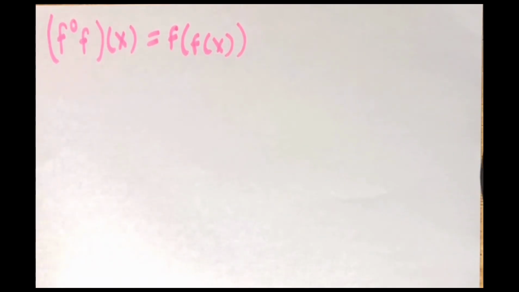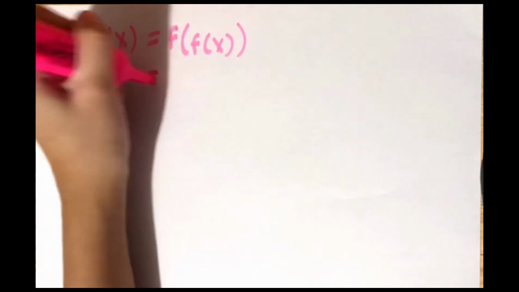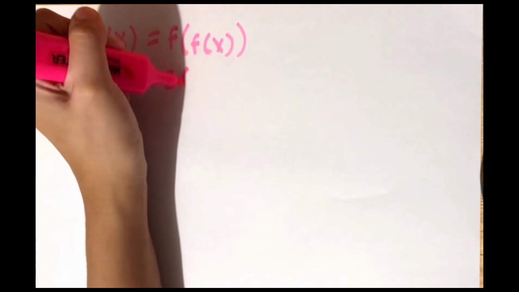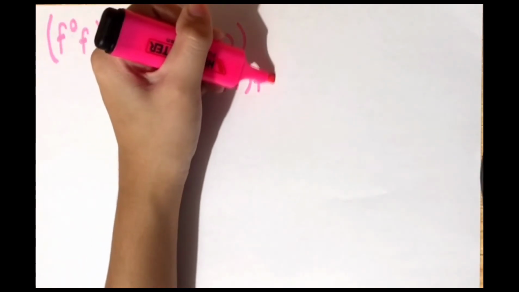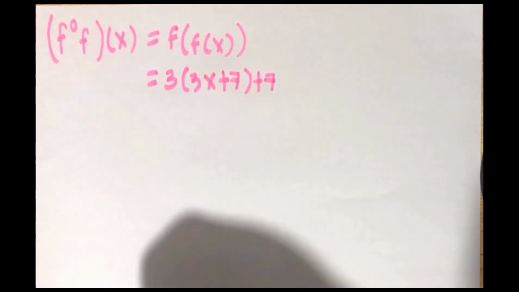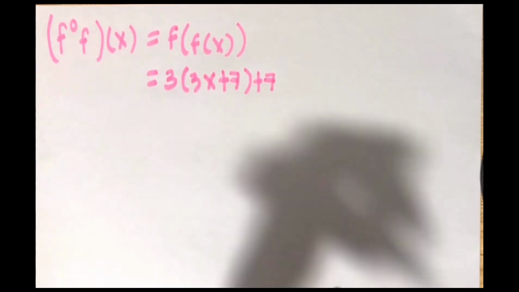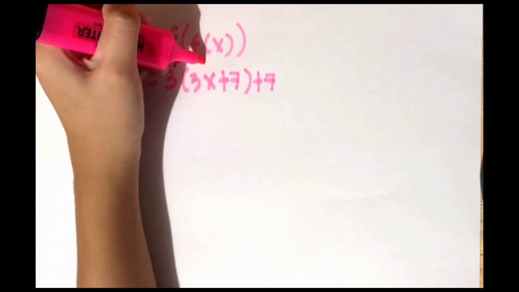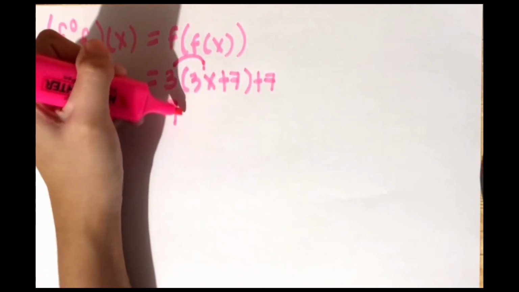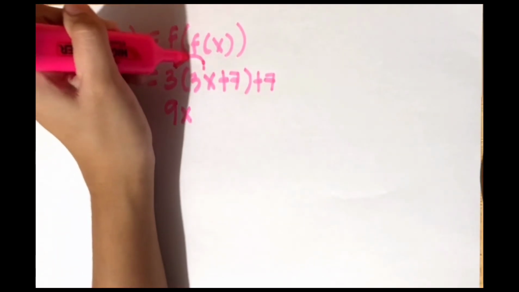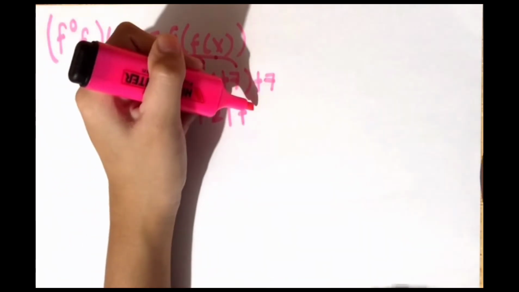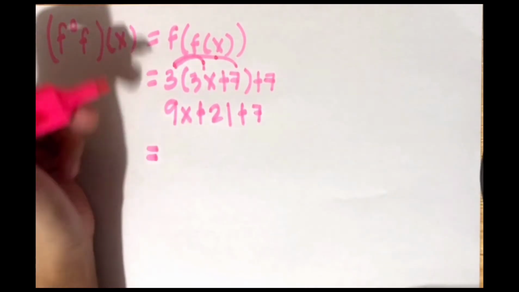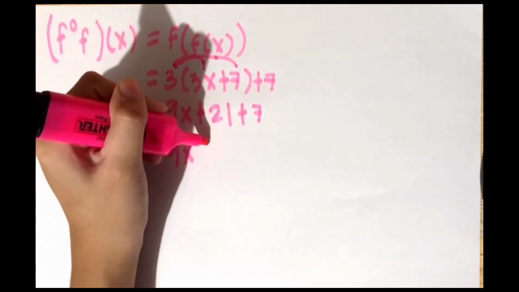Substitute x with 3x plus 7 in the function f of x is equal to 3x plus 7. Use the distributive property to remove the parentheses. 3 times 3x is equal to 9x. 3 times 7 is equal to 21 plus 7. Our answer for letter C is 9x plus 28.